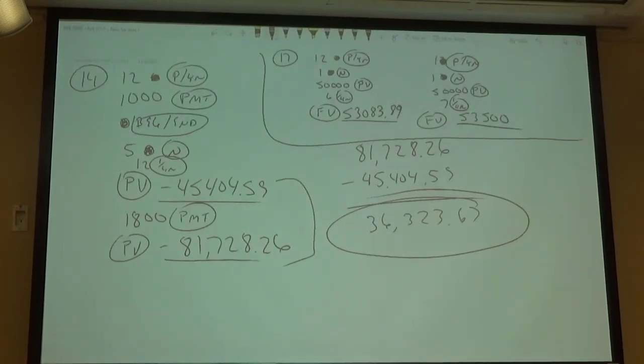And $53,500. Okay, so in this case, they are asking you, which option would you prefer? Well, seems pretty logical to me. I'm probably going to prefer that one because obviously it generates more in interest accumulation. Okay, all right.